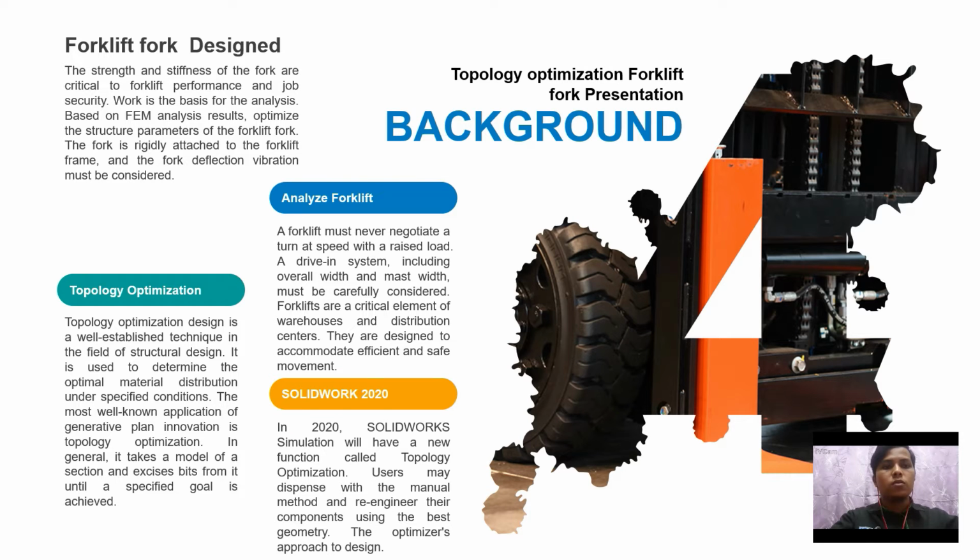technique used to determine the optimal material distribution under specific conditions to achieve the best structural performance. In general, topology optimization takes a model of a section and removes bits from it until a specified goal is achieved.